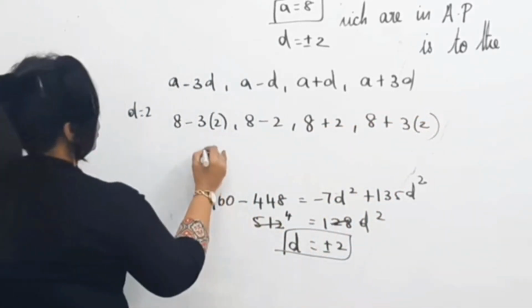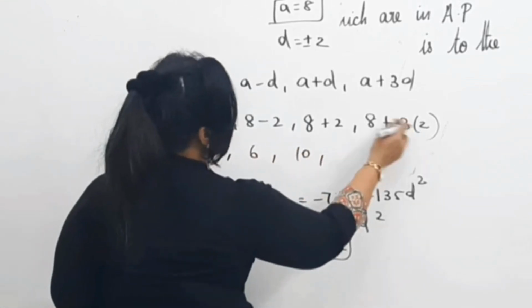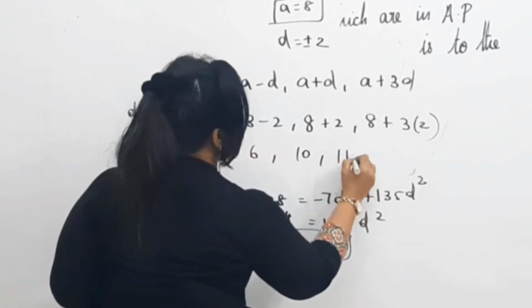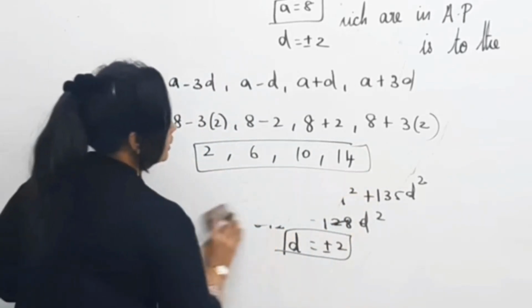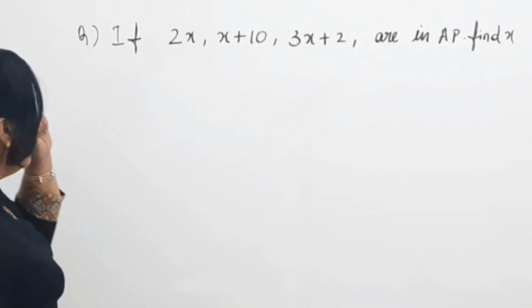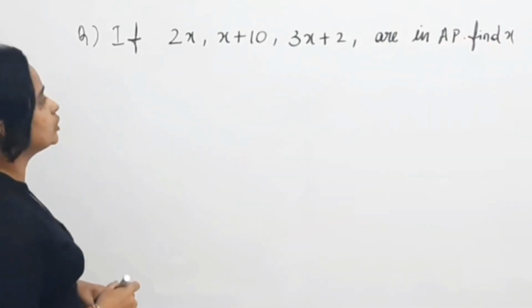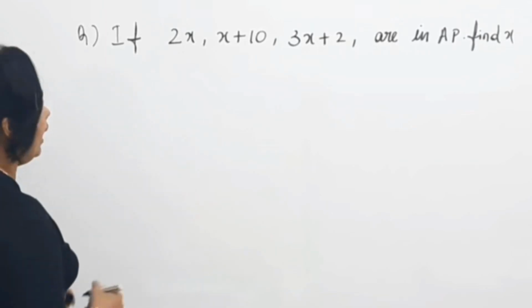So I would have 2 here and then 6 here, 10 here, and 3 2s are 6, 6 plus 8 is 14 here. So my numbers are 2, 6, 10, 14. As simple as that.